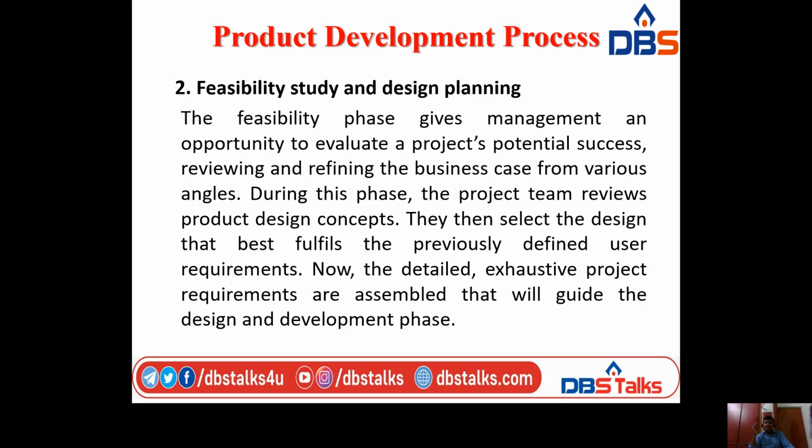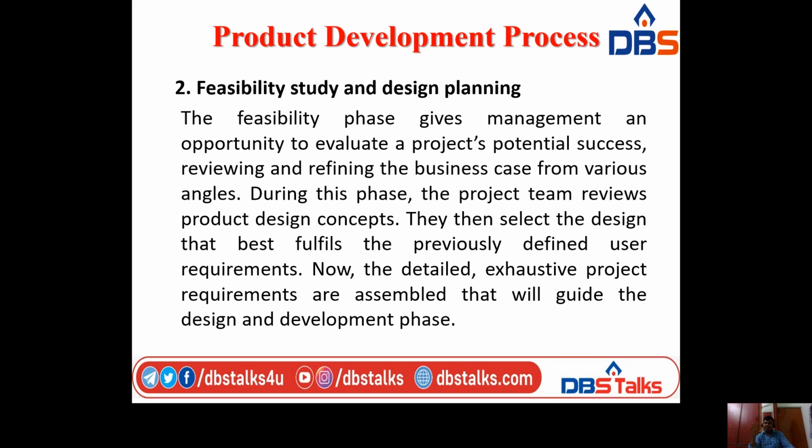They then select the design that best fulfills the previously defined user requirements. Already we defined some requirements in the first stage. Are these fulfilled or not? Now, the detailed, exhaustive project requirements are assembled that will guide the design and development stage.